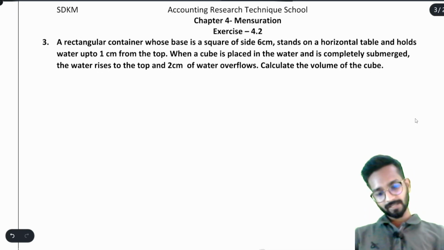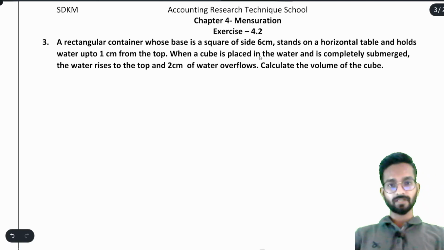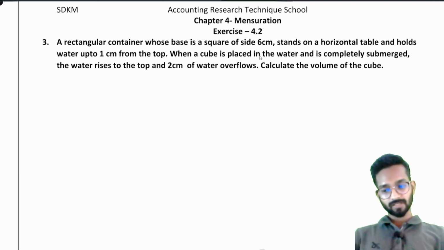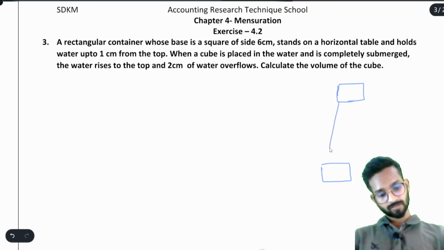a rectangular container whose base is square of side 6 centimeter. It means the rectangular container has the square base, stands on a horizontal table, okay, and holds water up to 1 centimeter from the top. This is the rectangular container.